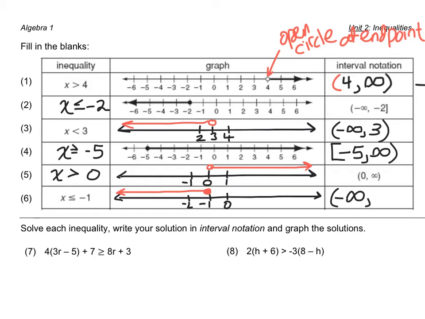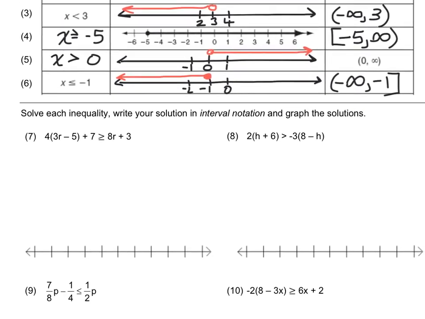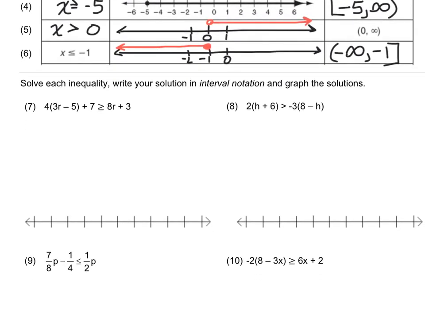Where am I stopping? -1. Am I including it or not? Yes, so bracket because we're including it. Closed circle. Including means that you can be equal. Equal means closed circle. Closed circle means bracket.